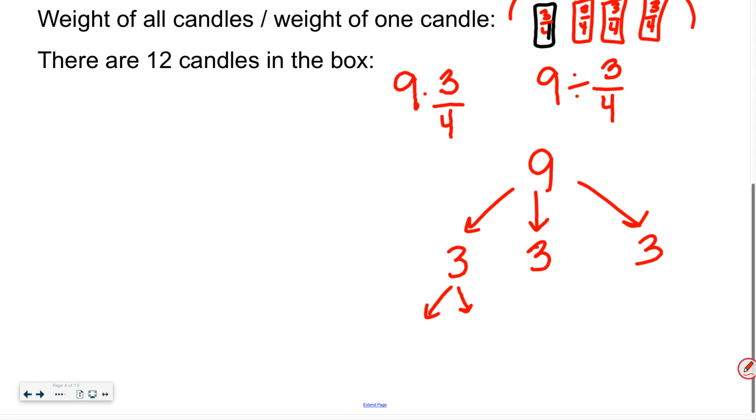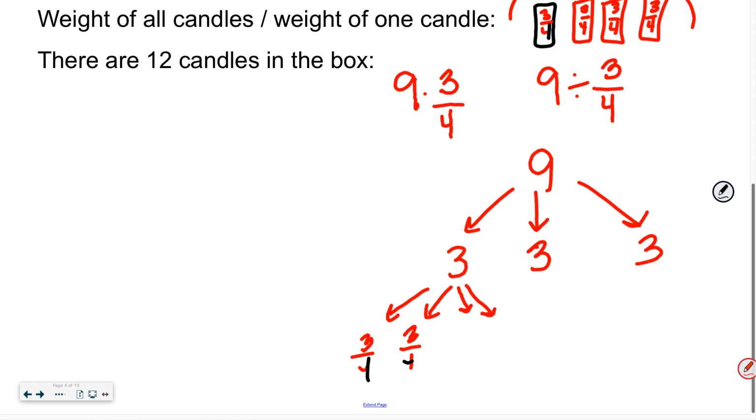Now think about this: how many 75 cents are in $3? What do I have if I have 2 3/4?